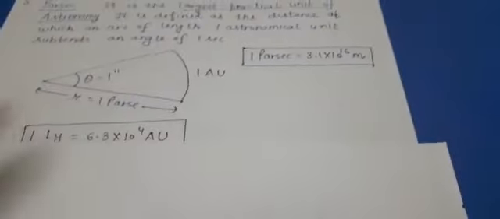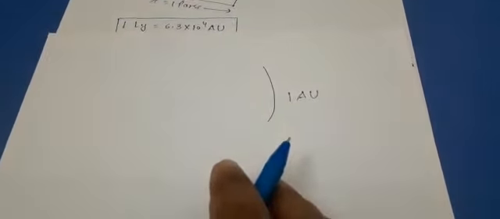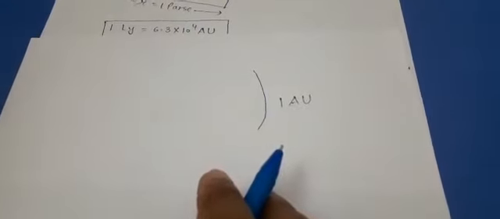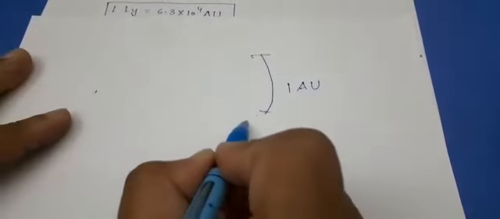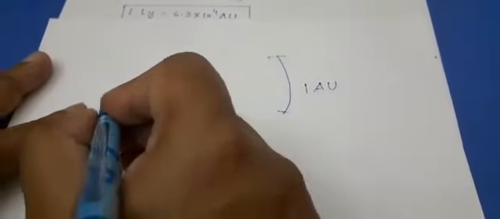the concept of an arc for this parsec. This is an arc of length 1 astronomical unit. You cannot simply observe 1 astronomical unit, such a large 10 raised to the power 11 meter, but I am just taking a depiction of it. 1 parsec is the distance at which an arc of length 1 astronomical unit subtends an angle of 1 second.